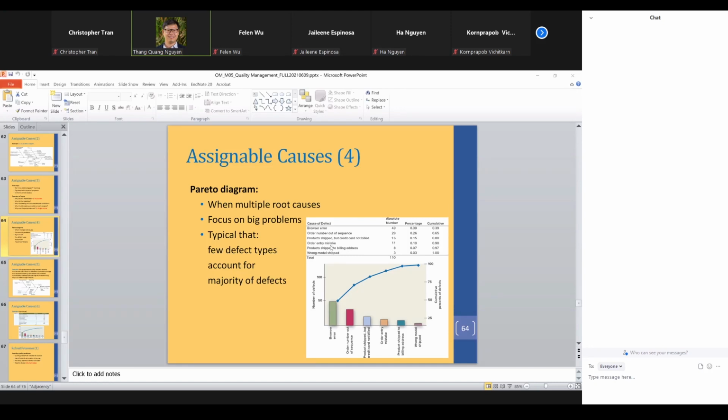The managers will need to look at these data, draw the Pareto chart down here, and think about what to do with it, okay? So let me go to the whiteboard, and I would like to show you more details of this example.